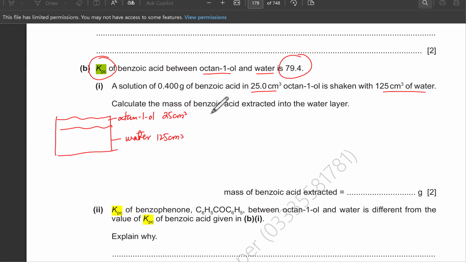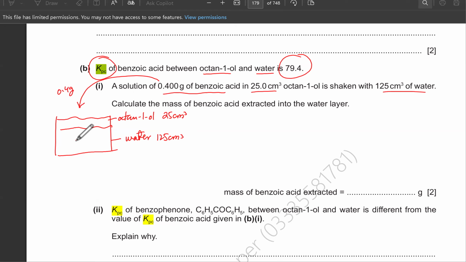Now, a solution of 0.4 grams of benzoic acid. Benzoic acid, remember, is probably the solute that you're adding. So he's adding 0.4 grams of benzoic acid to this. Calculate the mass of benzoic acid extracted into the water layer. So what amount of benzoic acid goes into the water layer?